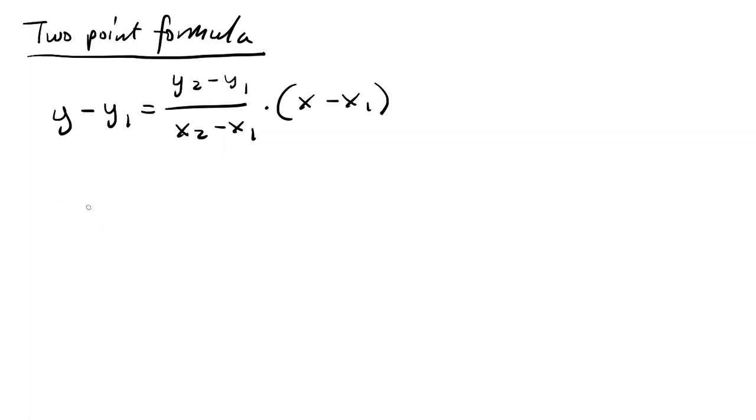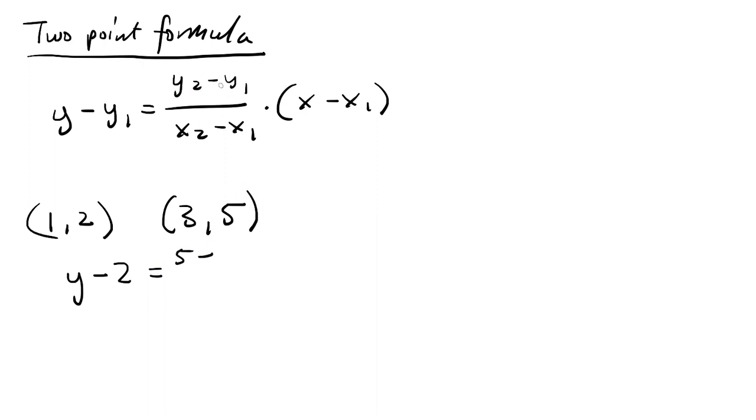And for example now, if I have 2 points on the line, I can use this one. So let's say I have these points. What will be the result from the 2-point formula? This x and y are of course a generic point on the line. y1 is this 2, y2 is 5, y1 is 2, x2 is 3, and x1 is 1, and x1 was 1.